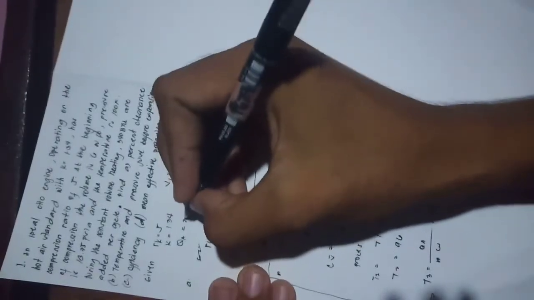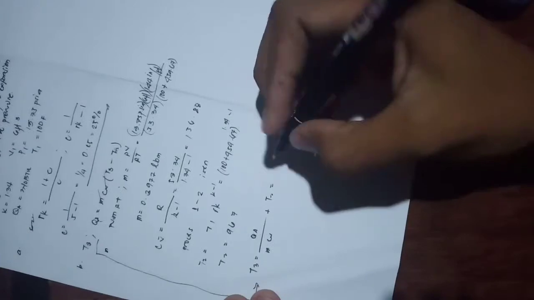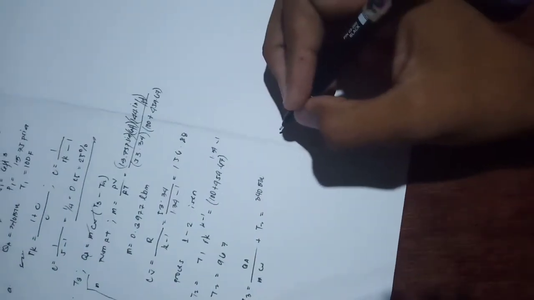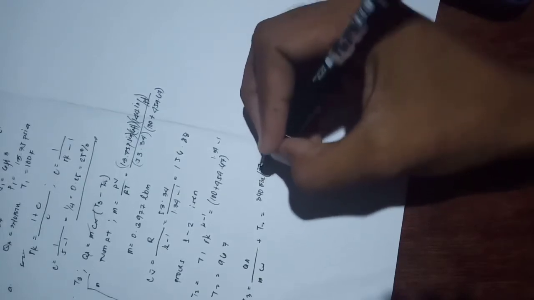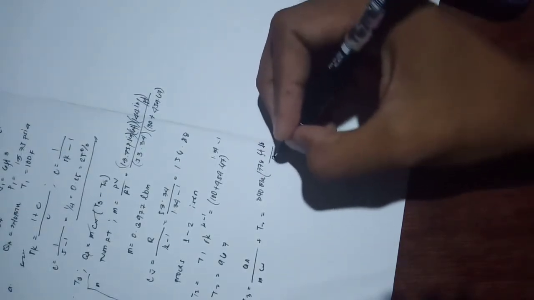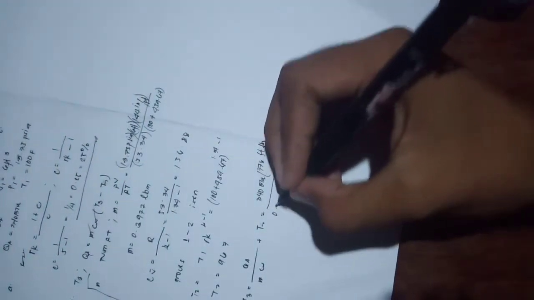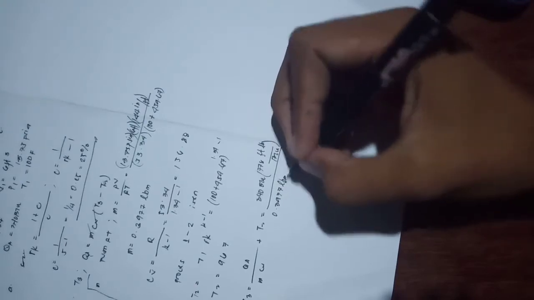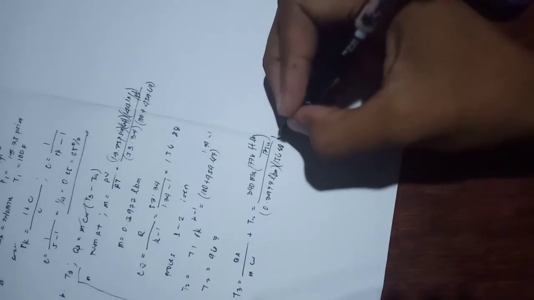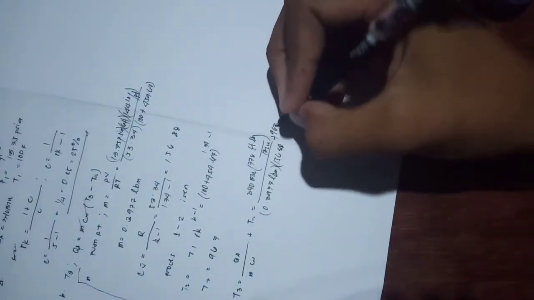Substituting the values, we have QA from the given, 340 BTU, but we cannot use it in this unit, so let's have the constant 778 foot-pound per BTU, over the m, 0.3977 lbm, and we have CV of 156.88, plus our T2, 967.